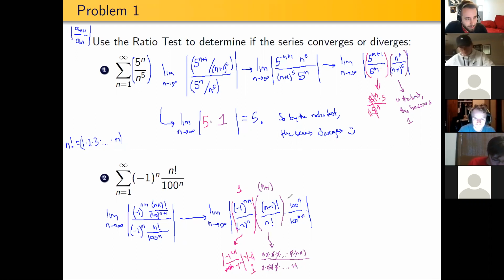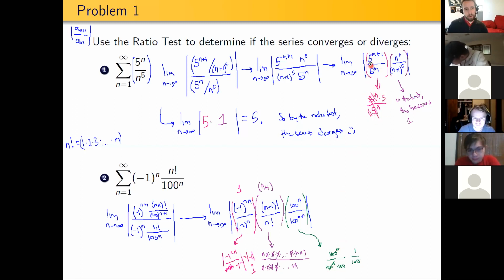Finally, we have this exponential term. And what we'll see in the exponential term is that we end up with 100 to the n divided by 100 to the n plus 1, which, as we said last time, is just 100 to the n times 100. And so we end up with a 1 over 100 here. Notice the similarities between this problem down here and this problem right here.